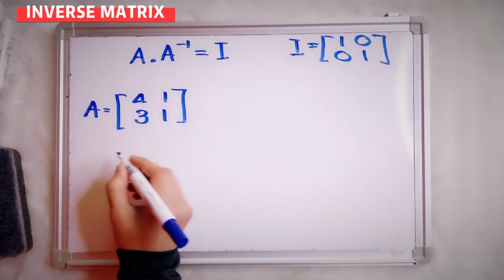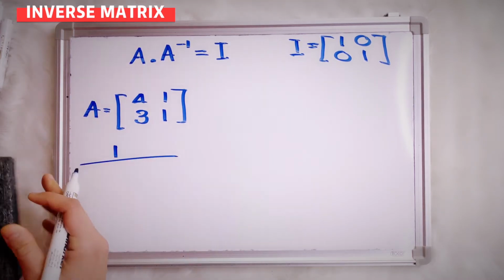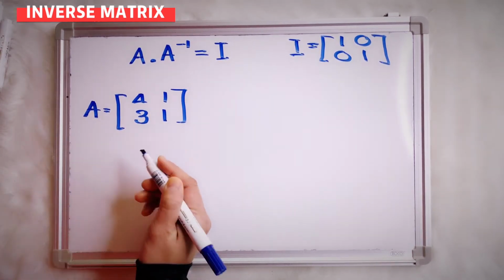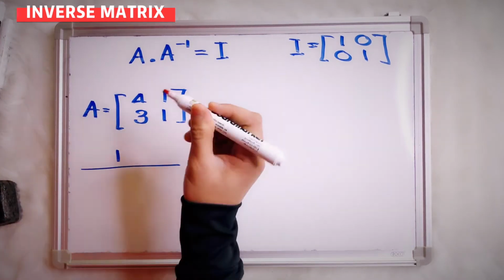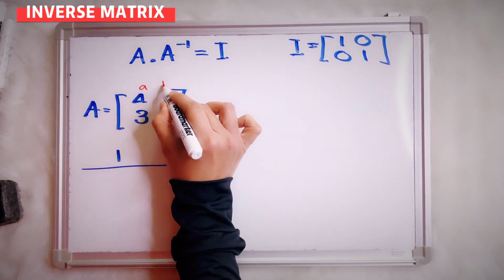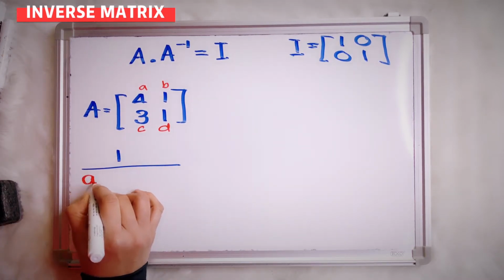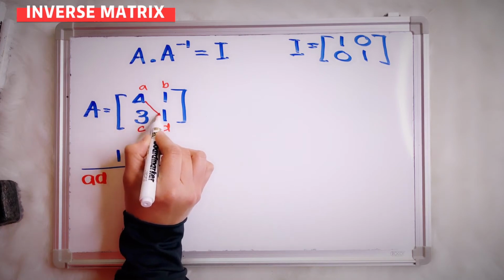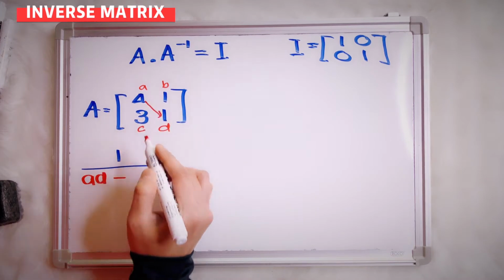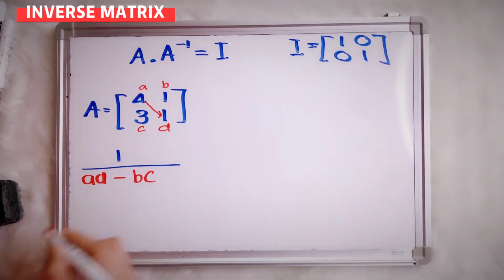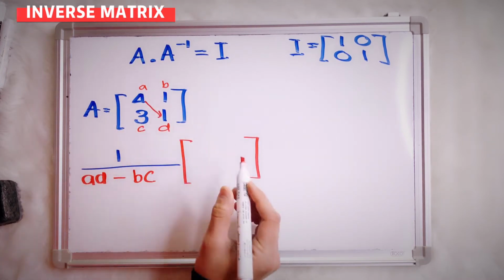Alright, so your first step is you have to do 1 over, okay, so 1 over, let's show you here. This is A, this is B, this is C, and this is D. So here you have to multiply A, D. A times D, you minus with B times C. Then, this part, A and D, you have to switch.